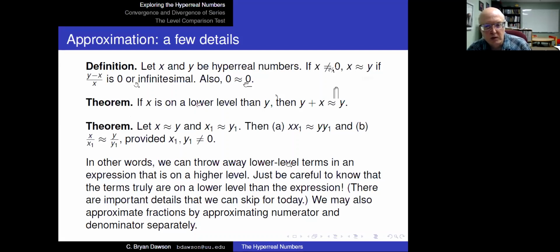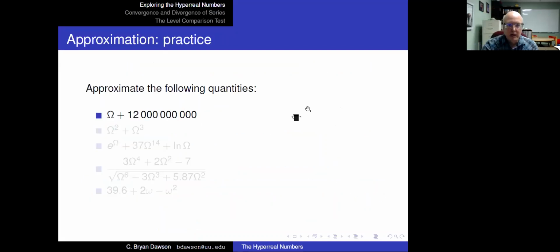So we can throw away lower level terms, just be careful to know that the terms truly are on a lower level. We're skipping some important details today. But you can also approximate a fraction by approximating numerator and denominator separately. So that's important.